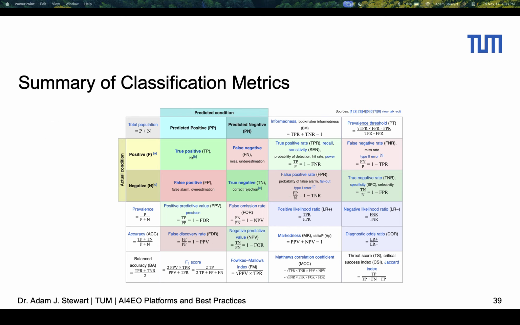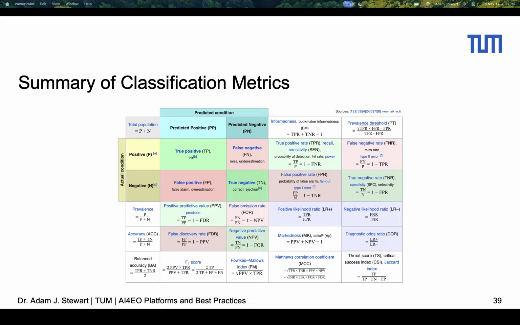I've shown you a few accuracy metrics. There are many more. This is just the Wikipedia page for all of these. So if someone tells you this is the negative likelihood ratio for my model, you should be able to look it up and say, oh, okay, it's false negative rate divided by true negative rate. Okay, I guess that's useful. Now I understand what you mean.